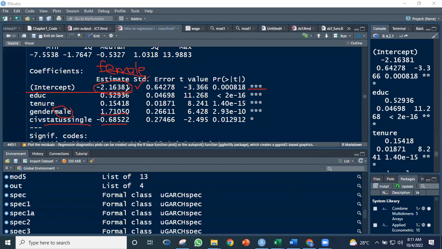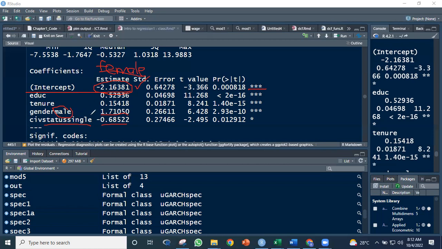In this case it's significant. So this means that this is the average hourly wage of an employee who has 0 years of education, 0 years of tenure, who is female, and who is married. Okay, how do we know that?